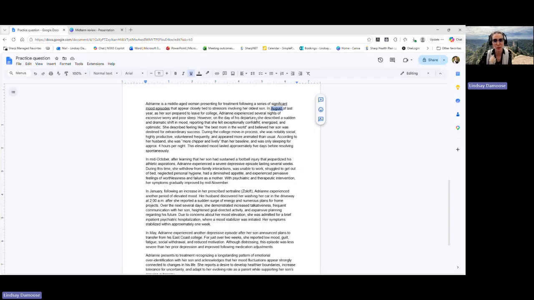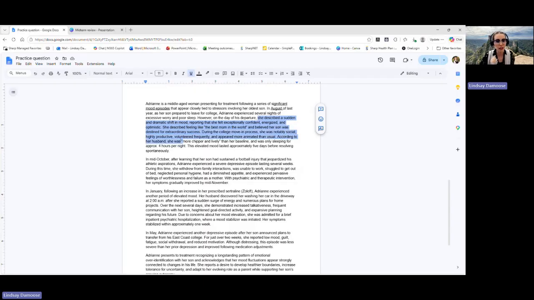However, on the day of his departure, something shifts. She describes a sudden and dramatic shift in mood, exceptionally confident, energized, optimistic, feeling like the best mom in the world, i.e., increased elevated mood, grandiosity, which is connected to perceiving that her son was destined for extraordinary success.